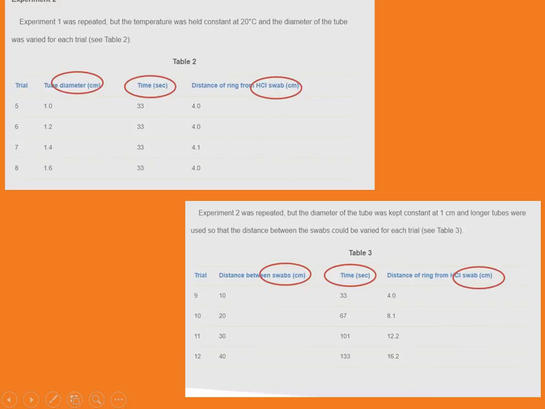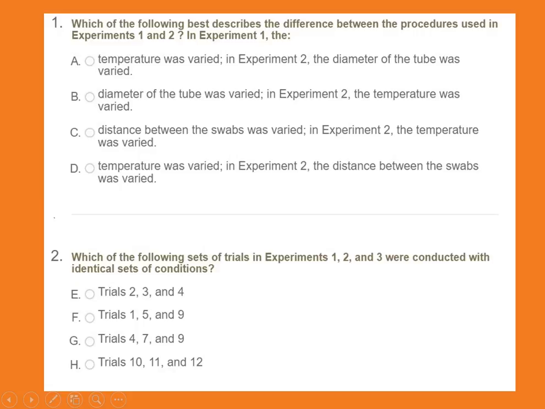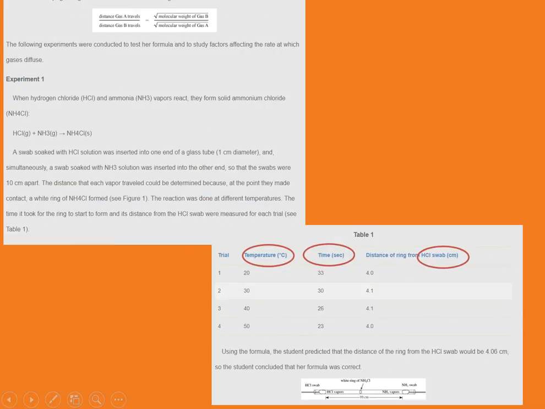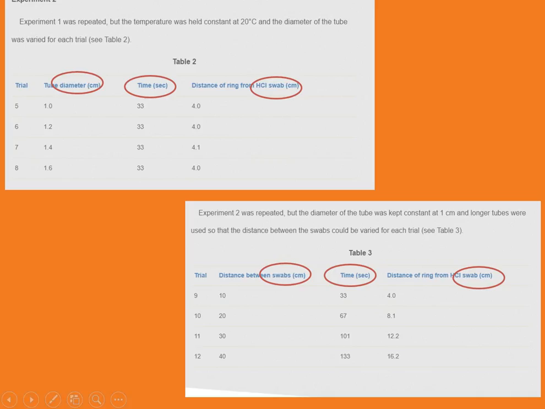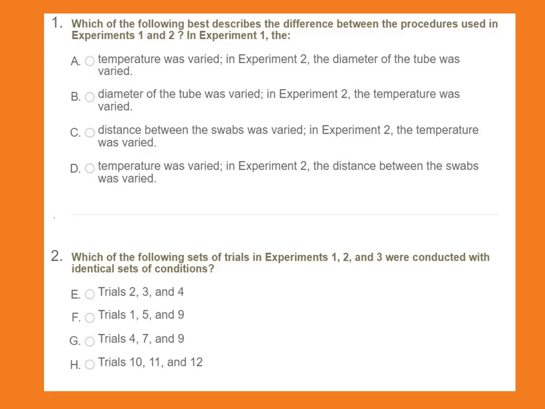So let's say for a second it's probably going to be 1, 5, and 9. Let's check 4, 7, and 9 really quickly just to verify for temperatures at 50. We automatically know that in table 2, all of those are going to be at 20. So that means that our answer is going to be F, trials 1, 5, and 9.